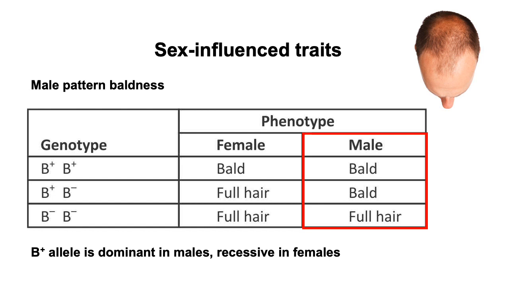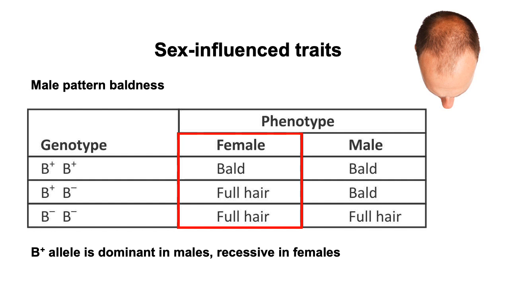So in the next slide, let's look a little more closely at what we see in females. If we focus on the female side of the story, same genotypes, right? A female who's homozygous for B plus, heterozygous, and then a female who's homozygous for the B minus allele. What you see is the B plus allele actually shows what we would expect of the recessive allele in females.